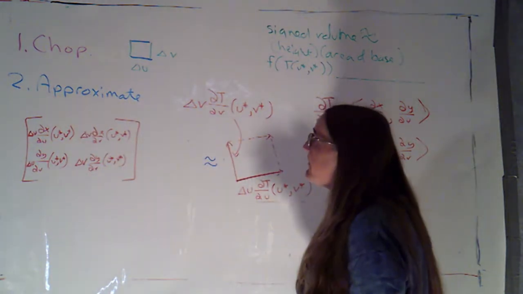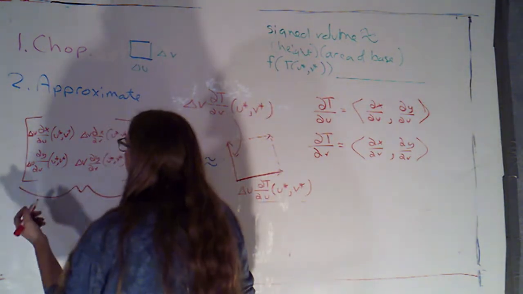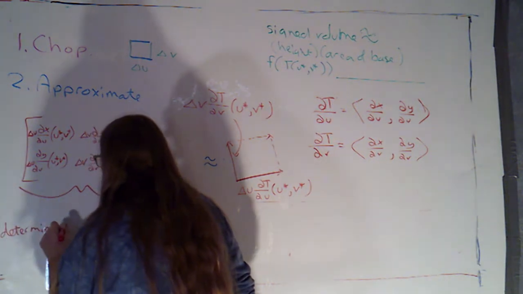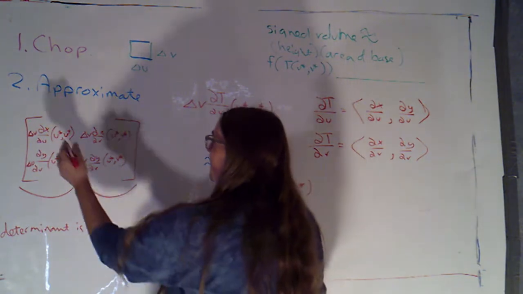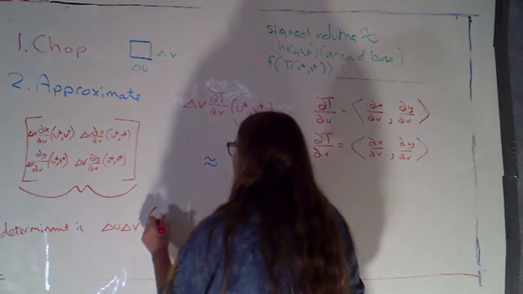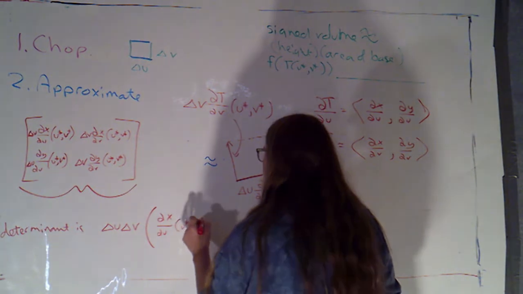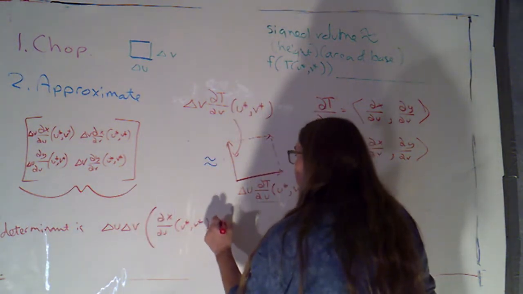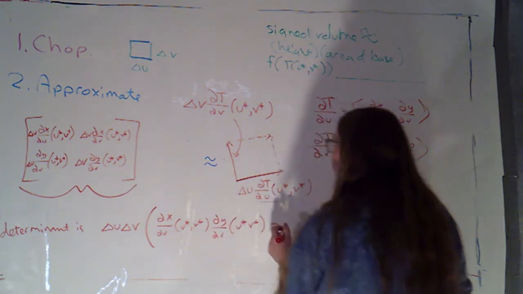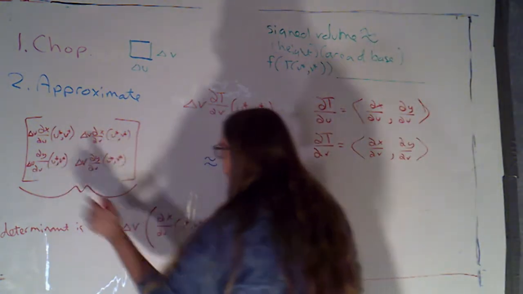If I take the determinant of this, notice I'm going to get delta u times delta v times the partial of x with respect to u at u star v star times the partial of y with respect to v at u star v star minus the delta u times delta v, because those scalars occur in both terms.